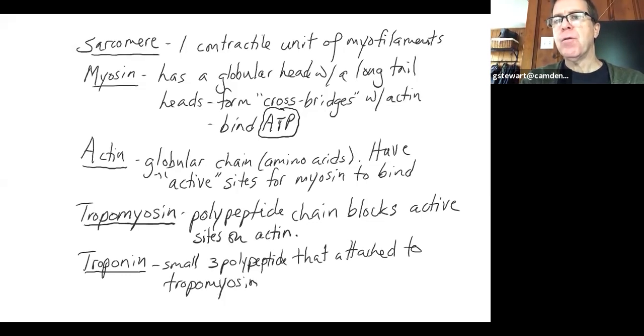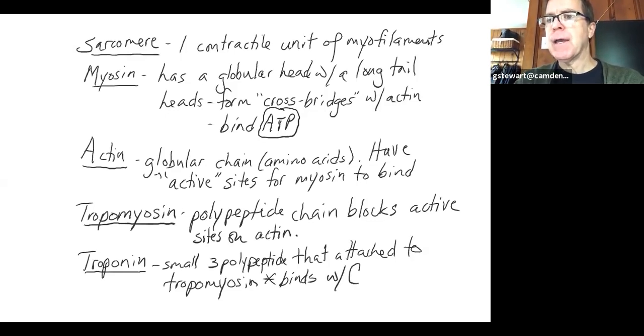And this troponin binds with, this will be important later when I draw a picture, binds with calcium ions. So I'm putting Ca++. That's how I will write calcium ions from this point forward.